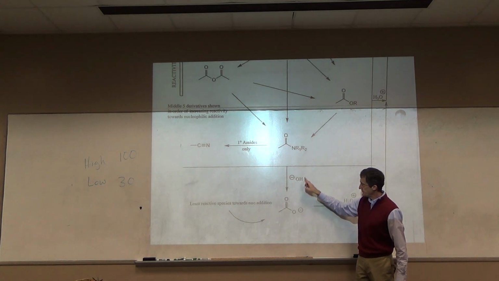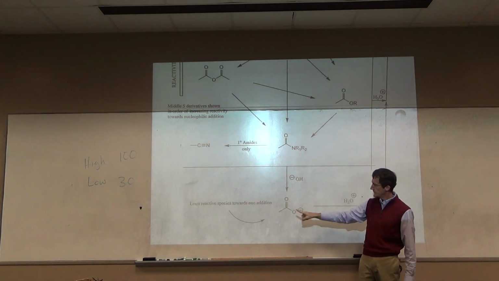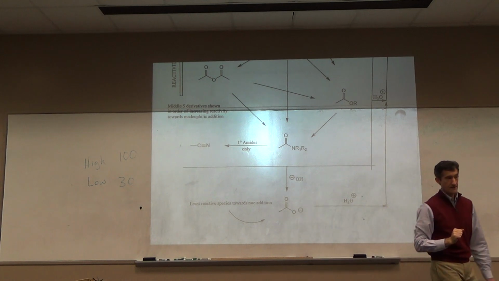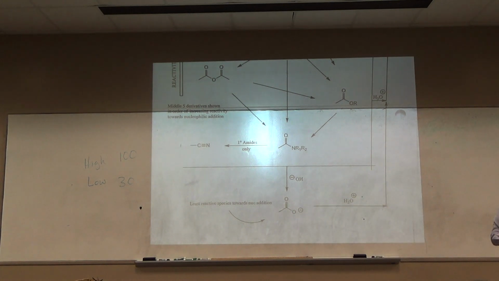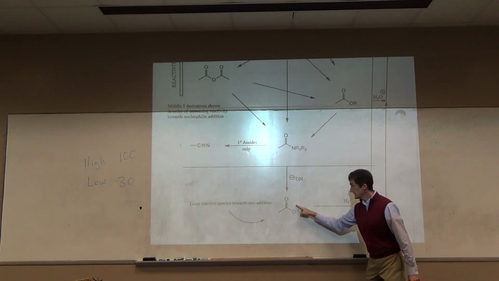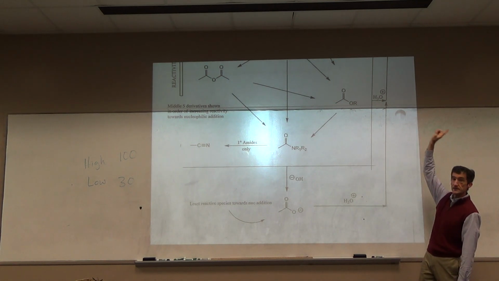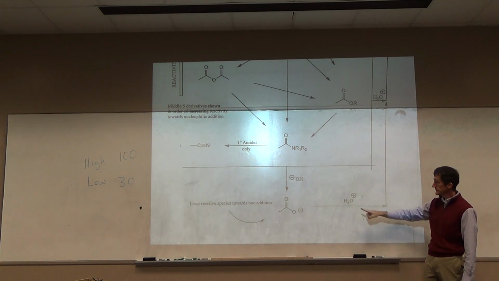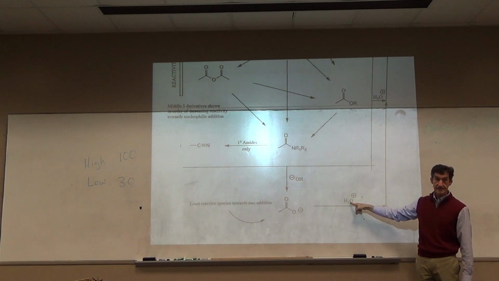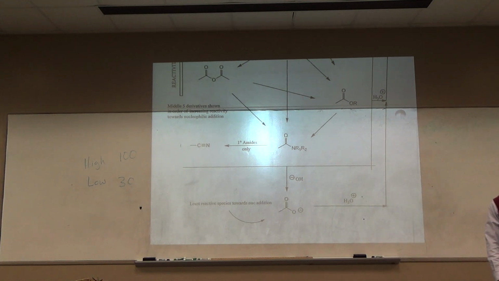But if we do it with aqueous base, how is the carboxylic acid going to exist? That's right, in the basic form. It would exist as an anion. How do we put the proton back on to get to the neutral carboxylic acid? Acid. Right? Everything is here.